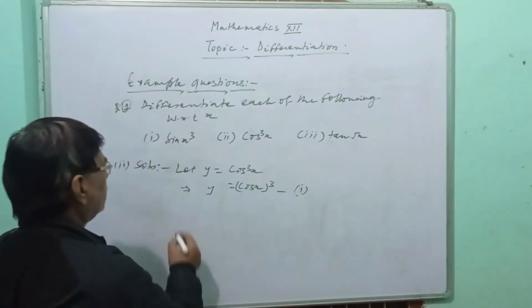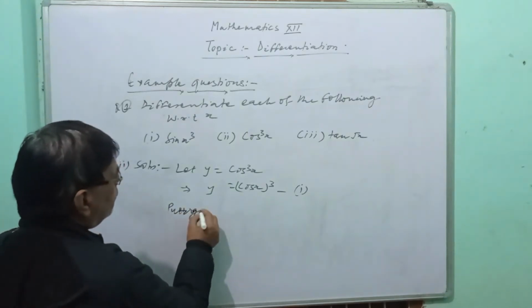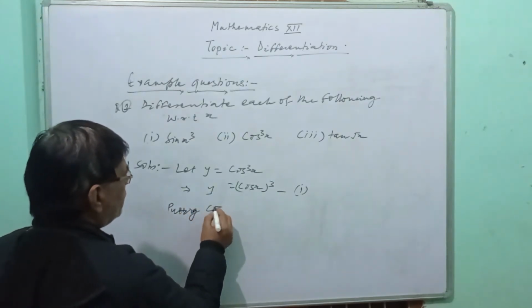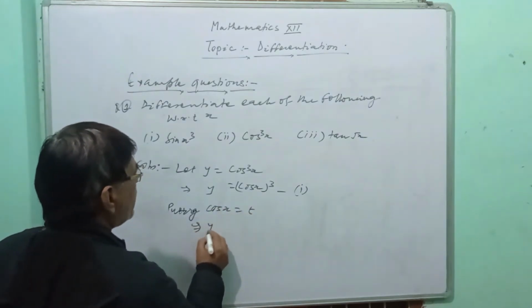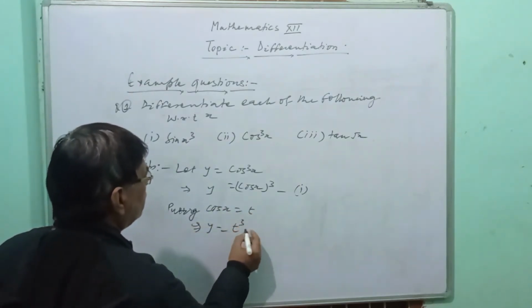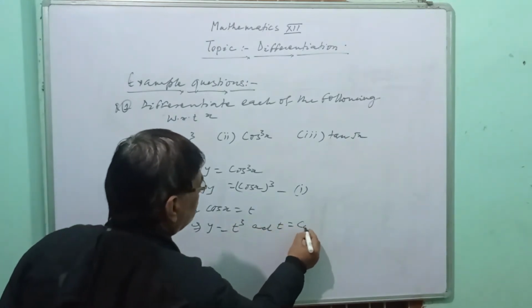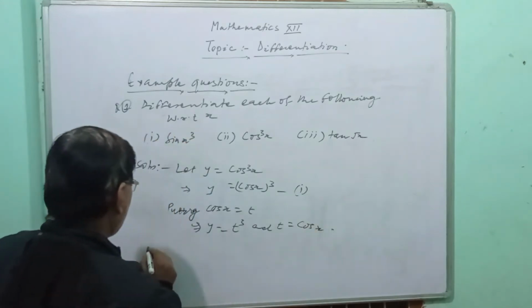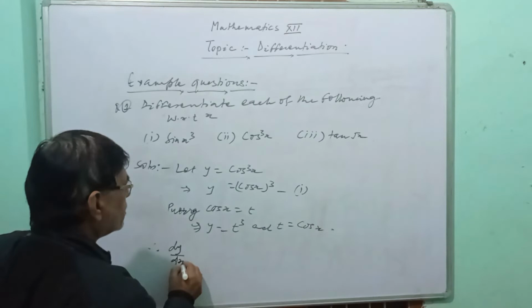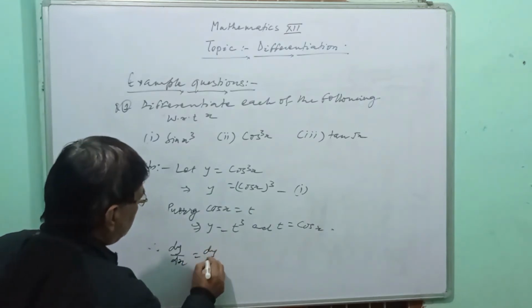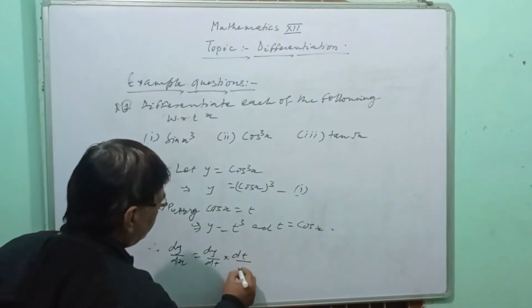Putting cos x is equal to t, this implies y is equal to t cube and t is equal to cos x. Therefore, dy by dx is equal to dy by dt into dt by dx.